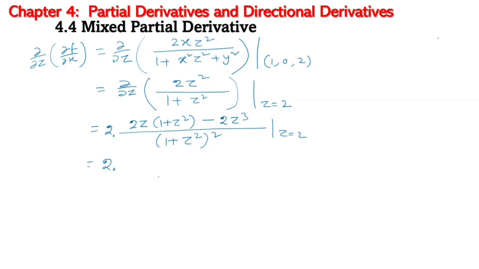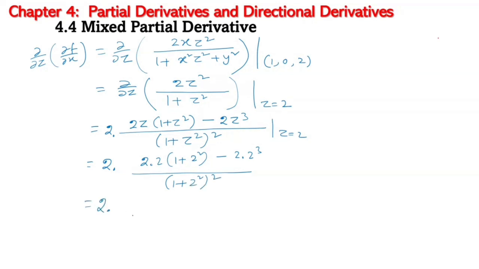So we substitute the value 2, and this will be 2 multiplied by 2, (1 + 2²) minus 2, 2 to the power 3, over (1 + 2²) whole squared.